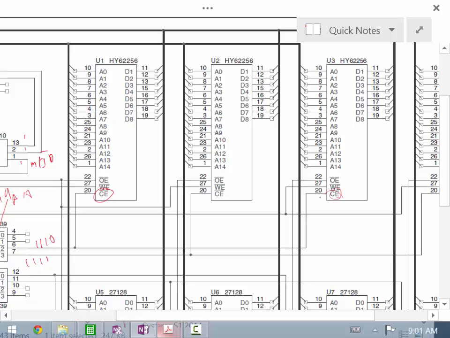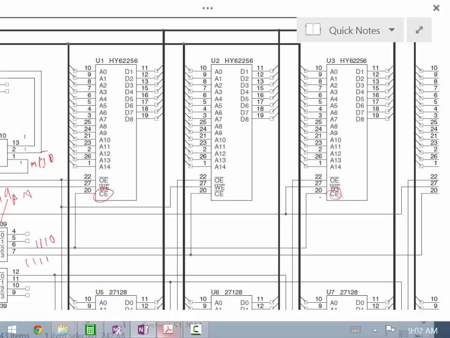So we can see where those lines are. This is a tricky business. But this line comes out of here, goes to this chip select, is not connected to this one, but it's connected to this one. And that goes back to my early discussion that these two are selected at the same time.